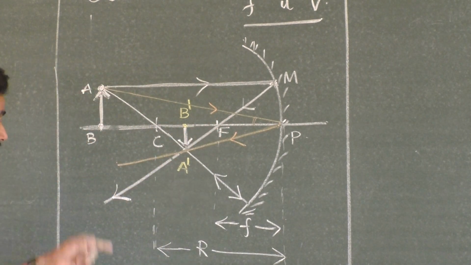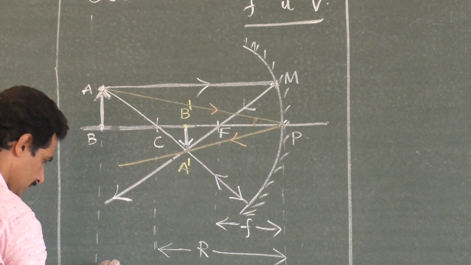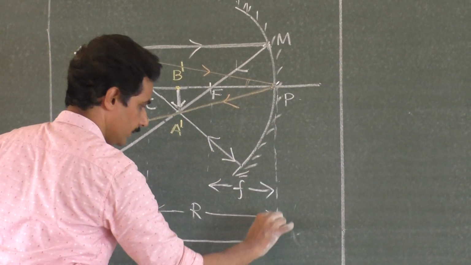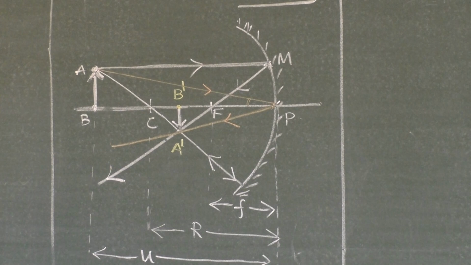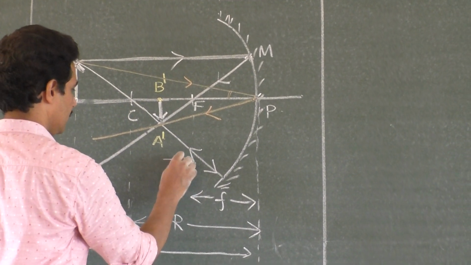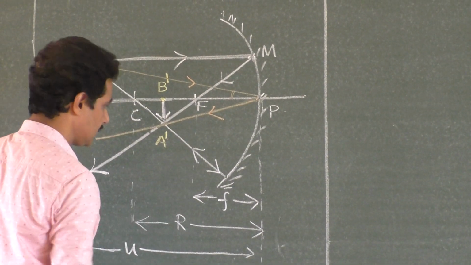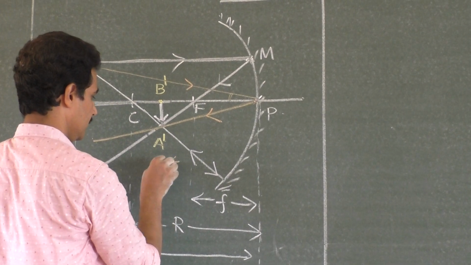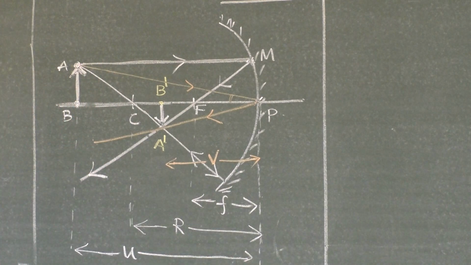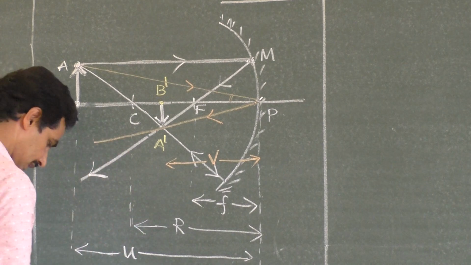It is the center of curvature. Where is object distance and image distance? This is the object, so this is object distance from the pole. Where is the image distance? V stands for image distance, and image distance is here, because this is the image. I will mark it with a different color so that it is visible. So this is V. So object distance, image distance, focal length, radius, everything is over.